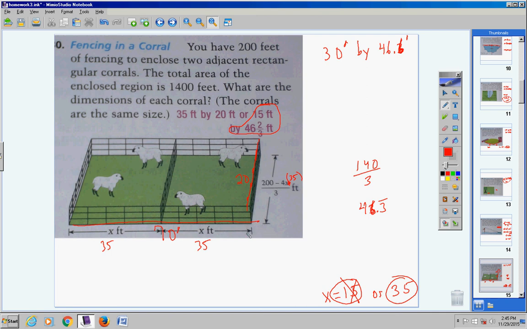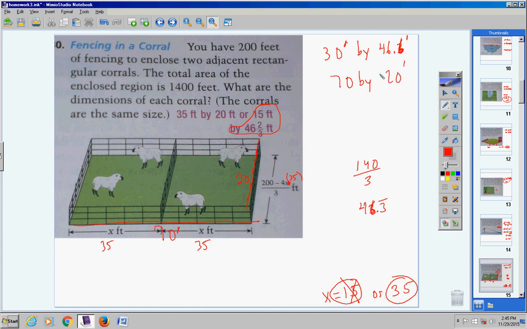And you know what? I see now, for their answer they put 15 by 46. So they wanted the dimensions of each corral. I was giving the length of the whole thing. Doesn't matter, I'd give you credit either way. So the length of the entire corral would be 70 by 20.